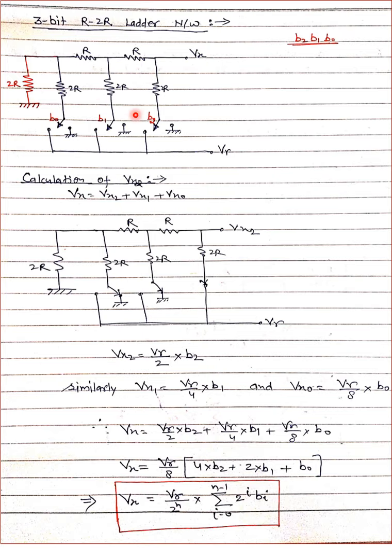So we can calculate Vx is equal to Vx2 plus Vx1 plus Vx0. Vx2, Vx1 and Vx0 are the voltages by considering the other two bits as 0. So finally we are using the superposition theorem and calculating the Vx by considering one bit high and the other 2 bits as low.